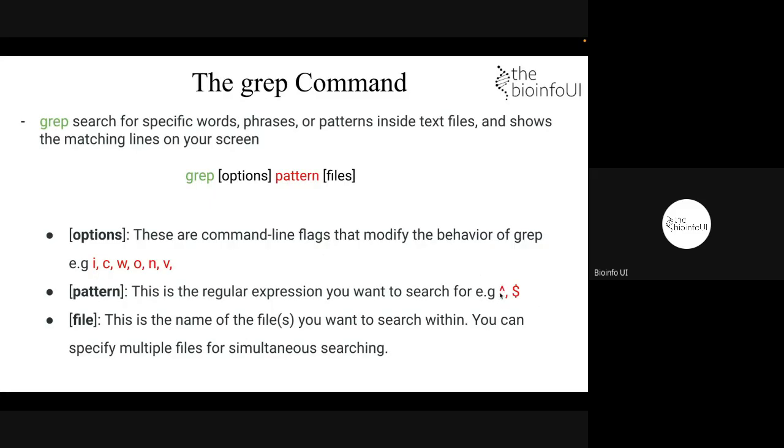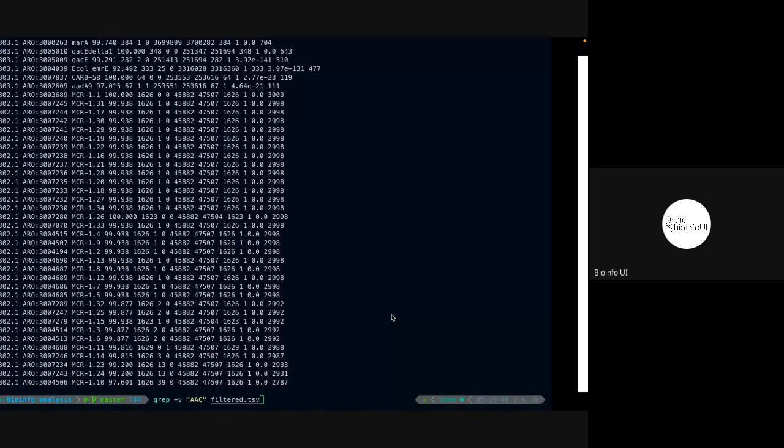The first one that we have here is the caret symbol. This works when you want to search for lines in a particular document that start with a particular pattern.